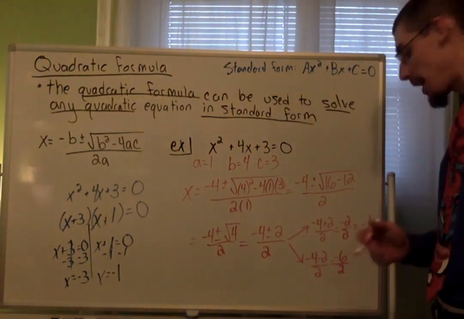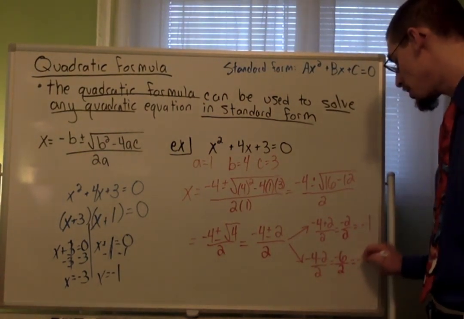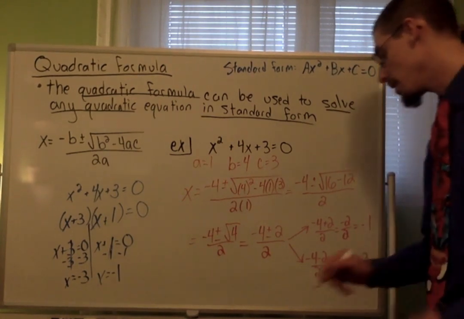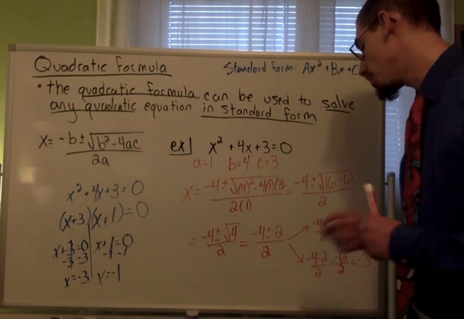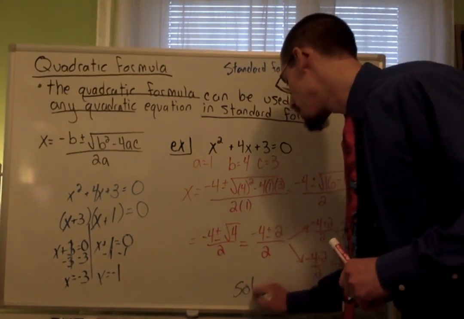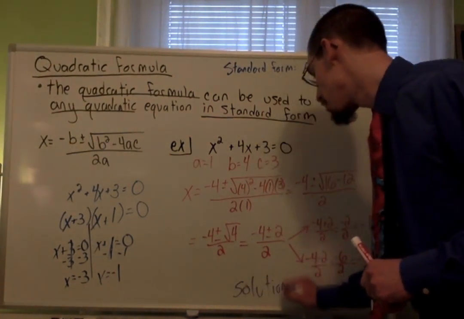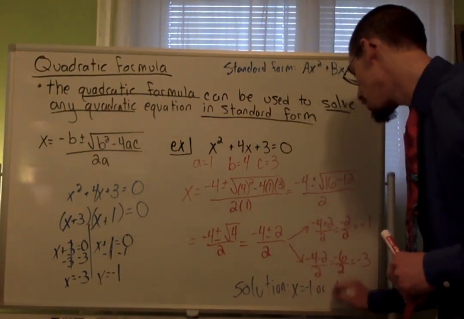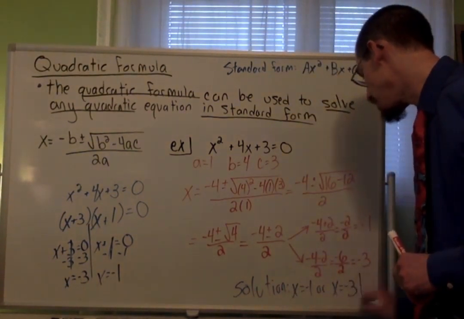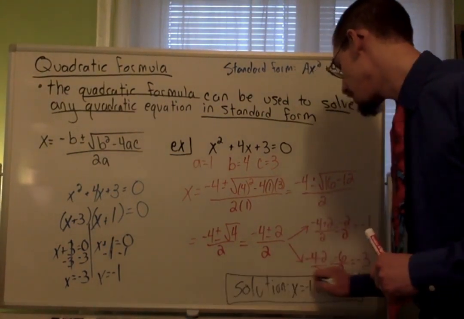Negative 6 divided by 2 is negative 3. So at the end of the day, your solution is x equals negative 1 or x equals negative 3.